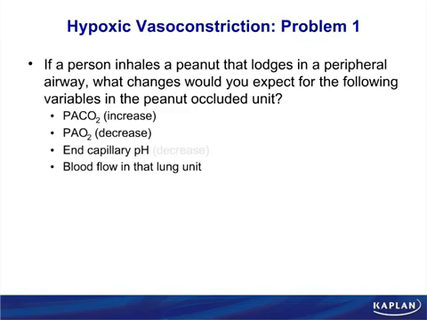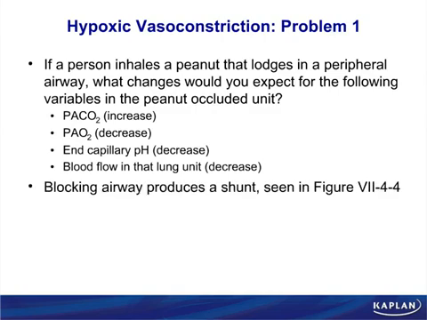Exactly. Now, what about blood flow to that unit? Well, if alveolar PO2 is going down, if it becomes hypoxic, that evokes hypoxic vasoconstriction. That's going to vasoconstrict in that area. So, blocking the airway produces a shunt. That makes CO2 go up, oxygen go down.